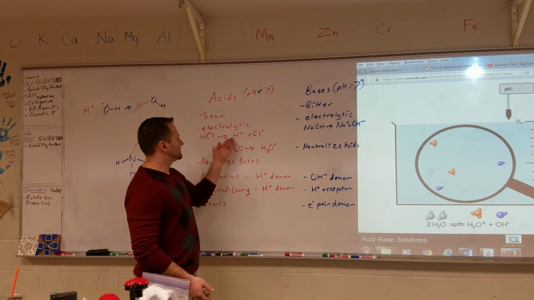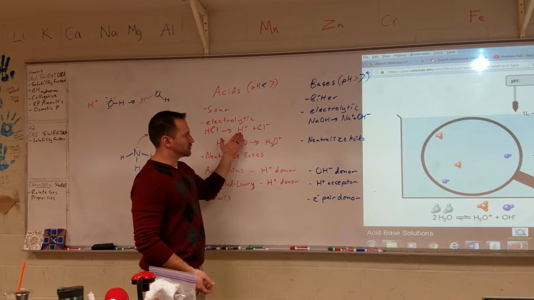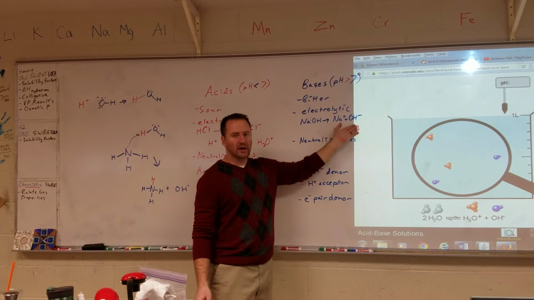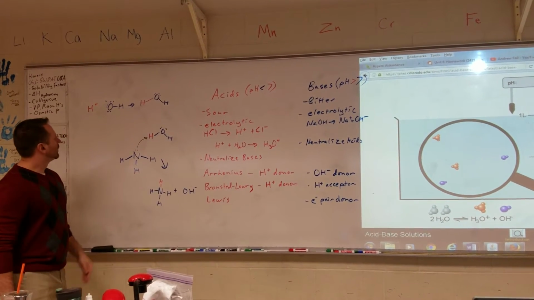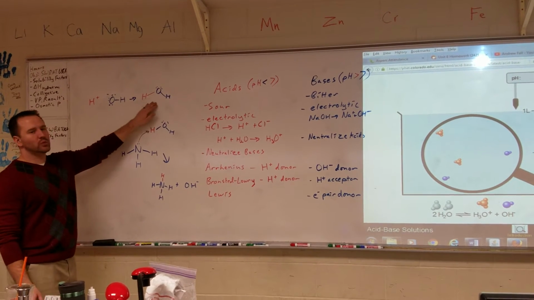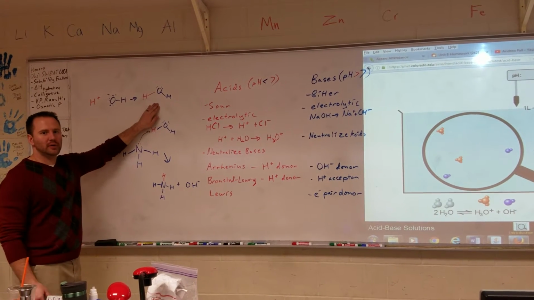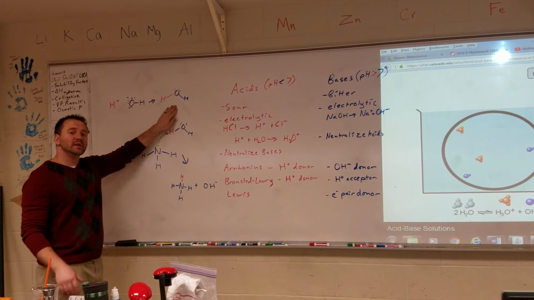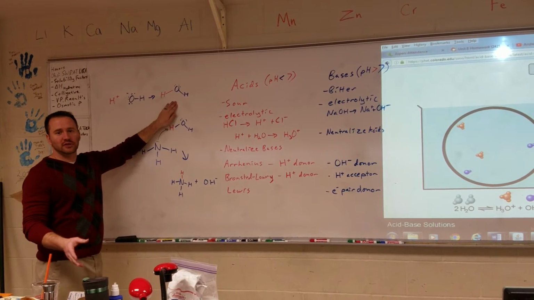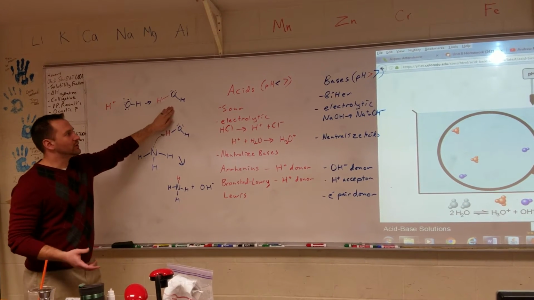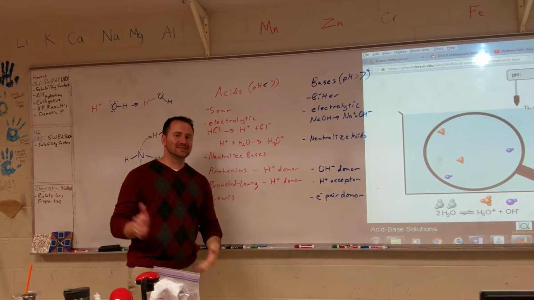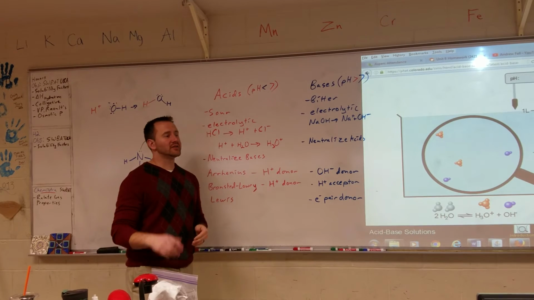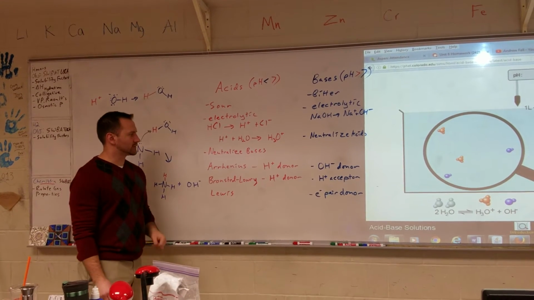Acids contribute H+ to a solution, and bases contribute hydroxide, so when those two combine, you end up with water, a nice neutral compound giving a pH of 7. In another video, we'll get into the pH scale in much more detail, but for now what you need to know is that water has a pH of 7. Anything less than 7 is considered acidic. Anything over 7 is considered basic.